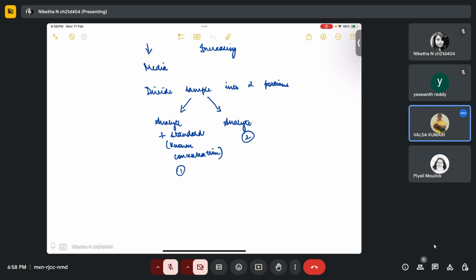Because we know this concentration, and it is going to be slightly higher than the analyte concentration, we will know this is the loss, and similar behavior can be expected from the analyte also.